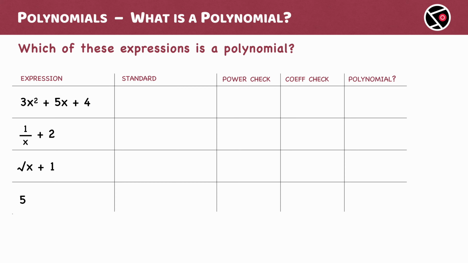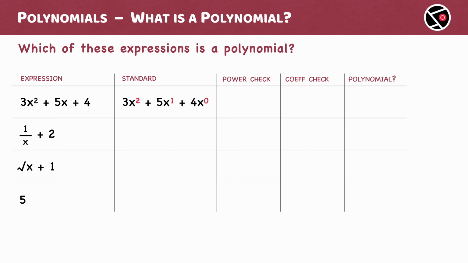Let me start with the first expression. The standard form will be 3x to the power 2 plus 5x to the power 1 plus 4x to the power 0. The power of x in the first term is 2. It is 1 for the second term and 0 for the third term.